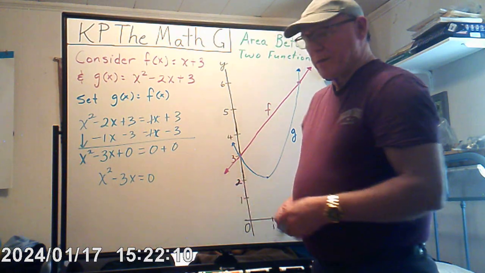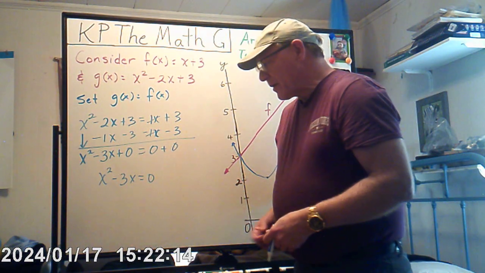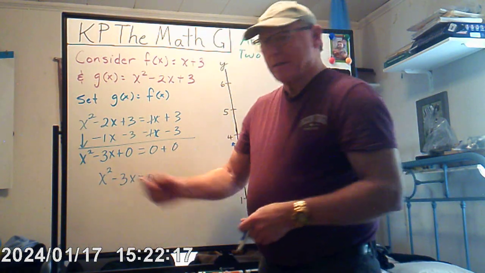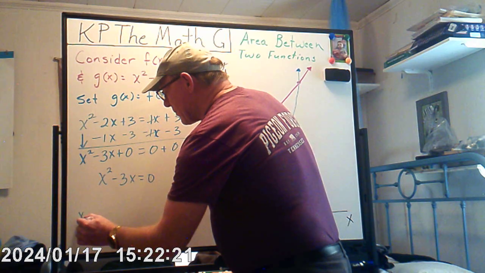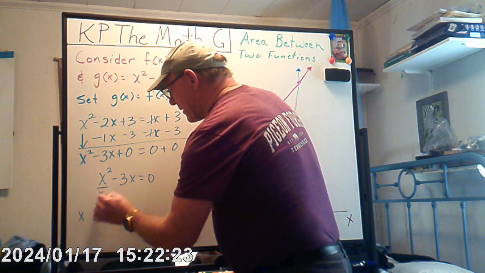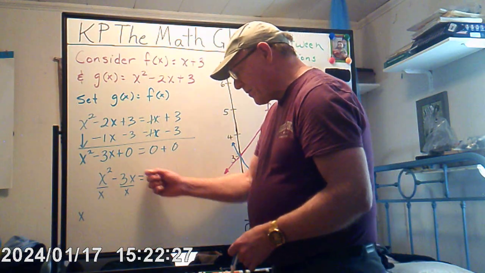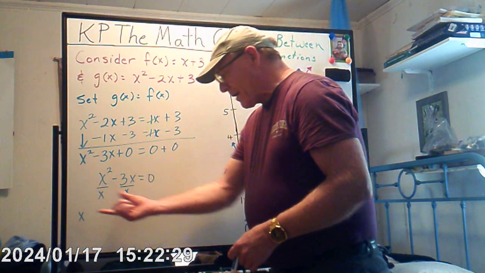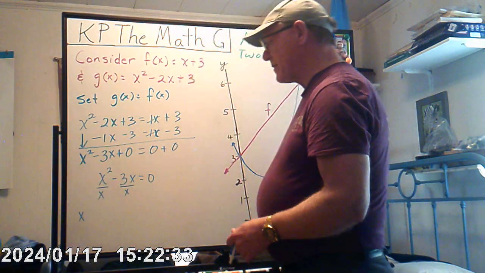And then, of course, we know what to do from there, right? Well, we factor out an x. That's right. Factor out an x. I like to just divide. That shows exactly what I'm doing. I don't want to get rid of x altogether, because we are factoring out an x.